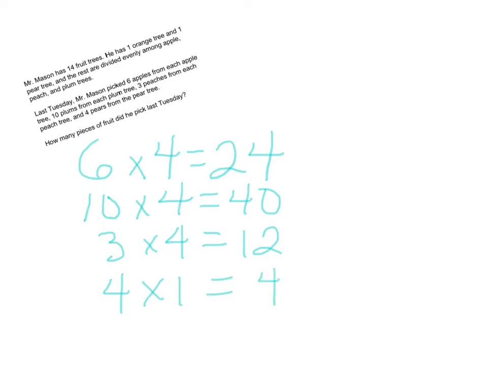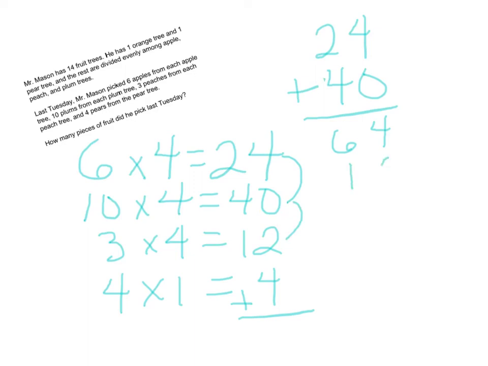And lonely old oranges had none. So if we take our final numbers and combine these, 24 plus, we'll erase that, we mean to put 40. 24 plus 40, and we have 64.